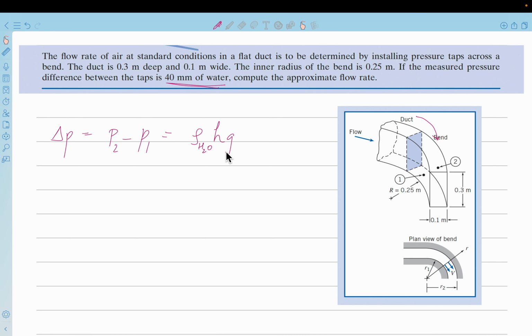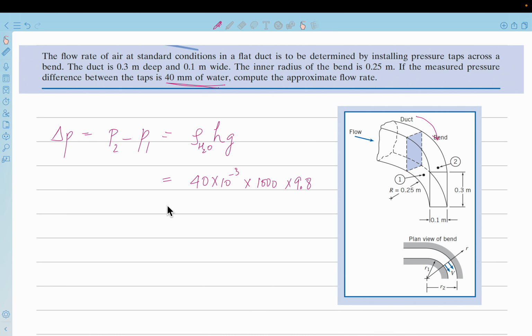And into g. So let's do this. We have 40 mm, that is 40 into 10 to the power minus 3. Density of water, let us take it as 1000, and gravity we will take as 9.8.